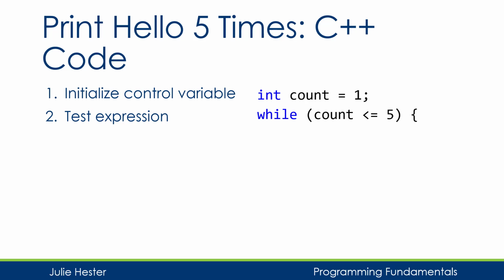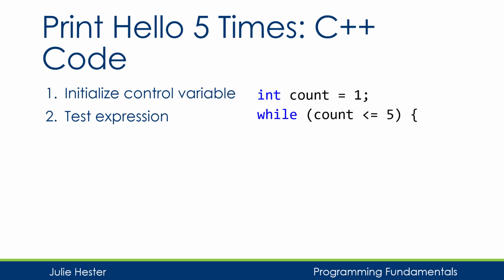Then I'm going to look at my test expression. This looks a lot like the if statement that I use for branching, except it's a while loop, and I'm going to use the keyword while in place of the if. So I'm going to say while, and then in parentheses I'm going to put a test expression of count less than or equal to 5.